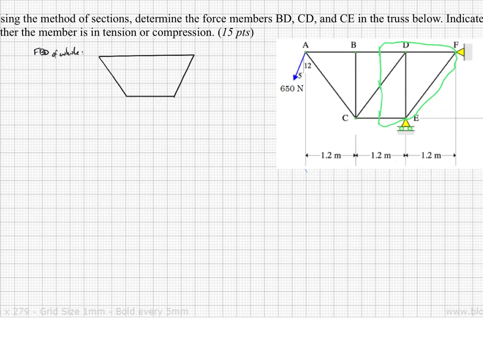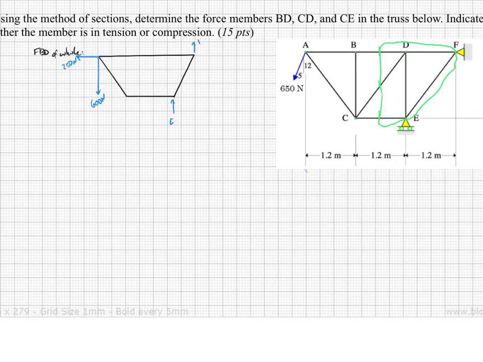I'm not even going to bother drawing the interior beams because I don't really care. So here we go. So we got 600 going down, and we got 250 going this way, right? So we solved that last time. So this is going to be 250 newtons going this way, and this is going to be 600 newtons going down.